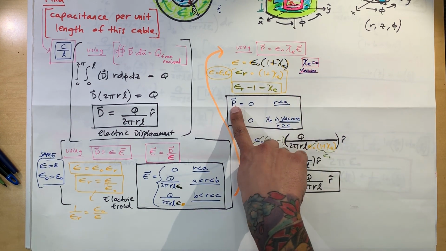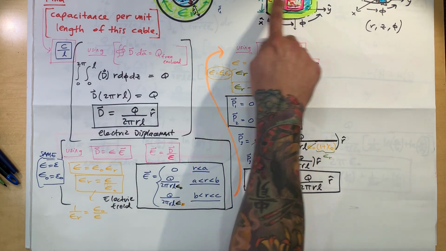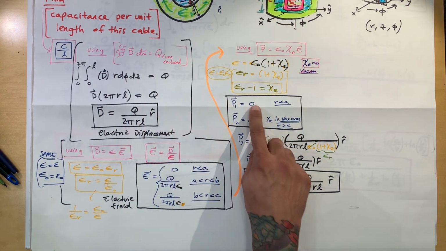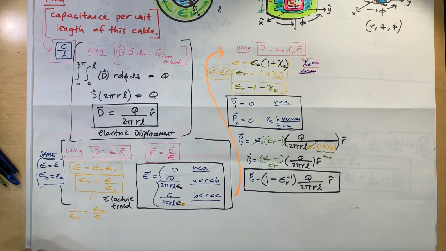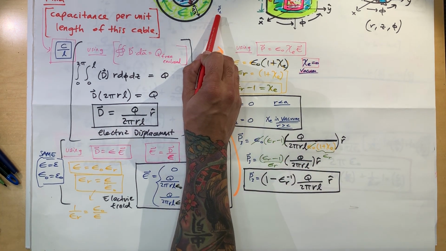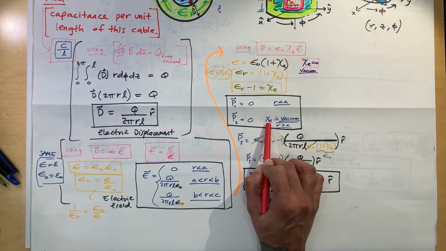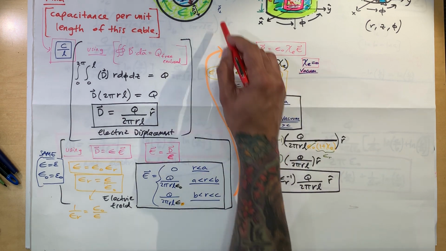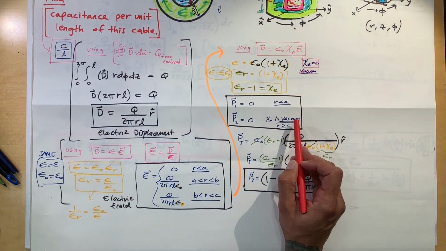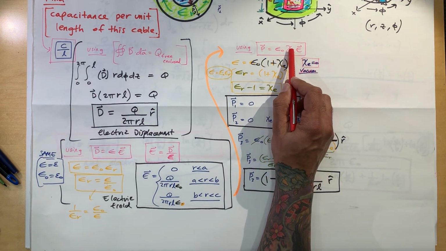In the first region, which I labeled R less than A, on the inside, it's 0 because the electric field is 0. Second region, P2 is the outside, right? I jumped all the way to the outside, and chi is 0 in a vacuum, so we're not in the dielectric anymore, and it's 0 because chi is 0.